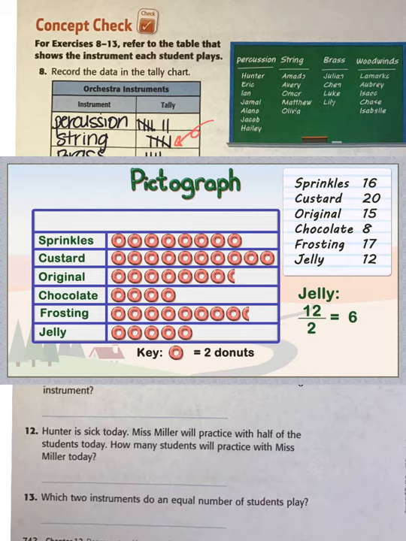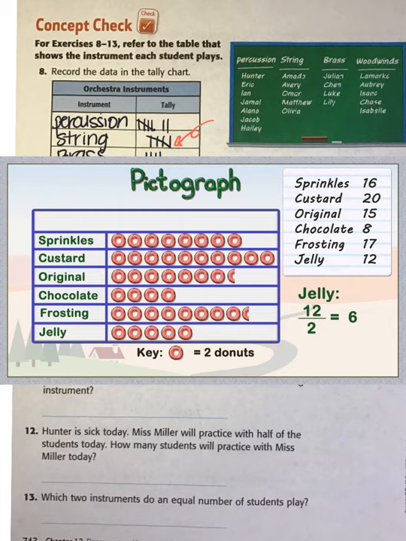So a pictograph is just using pictures to count as votes. So instead of tally marks or bars, you would use pictures. So in this one, if you look down at the key, down here, it's 1 donut or 1 picture of a donut equals 2 donuts. So off to the side, they had the type of donuts and then how many people like these donuts or what have you.